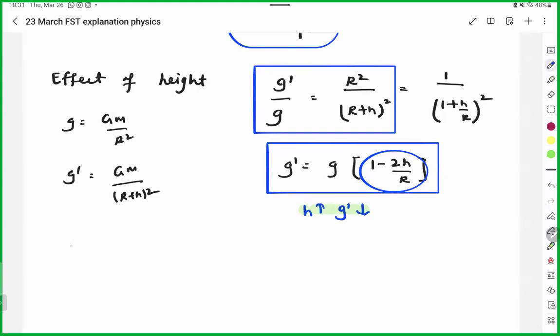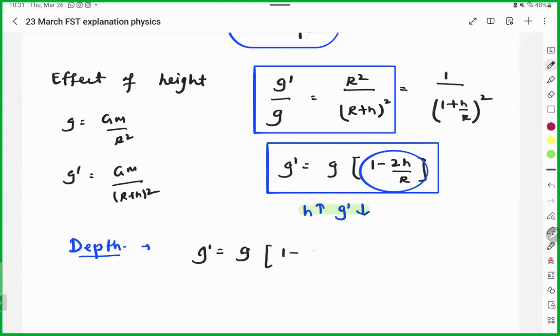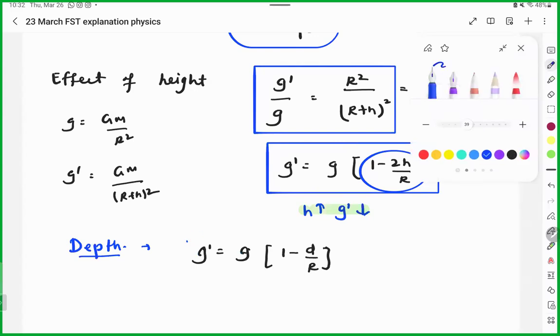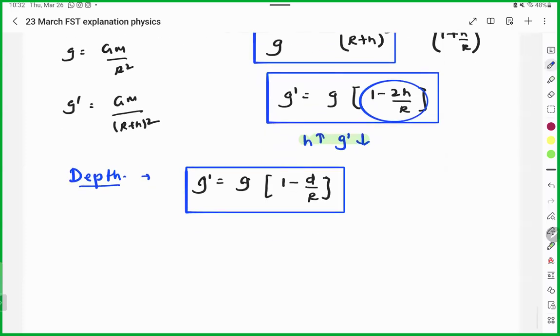Second, the effect of depth. What happens if you take depth? In case of depth, the final value is g dash equal to g into (1 minus d by r), where we take depth from the surface. For example, this is the earth.